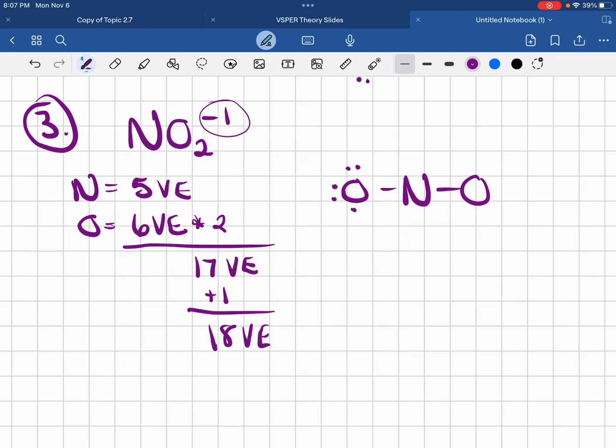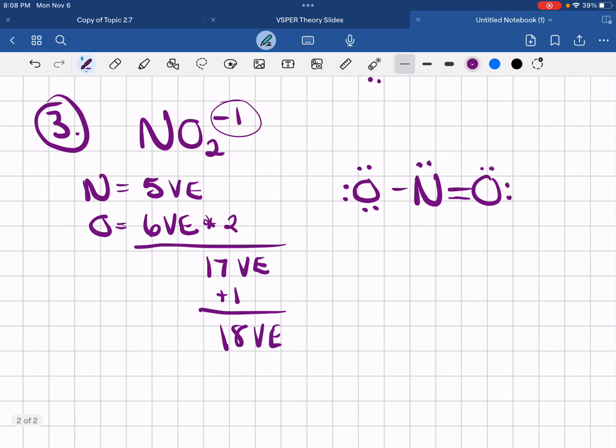Okay, so again, we have 2, 4, 6, 8, 10, 12, 14, 16, and 18. So our left oxygen has an octet, our right oxygen has an octet, our nitrogen only has 6 electrons. So again, we need to get rid of one of these pairs of electrons.